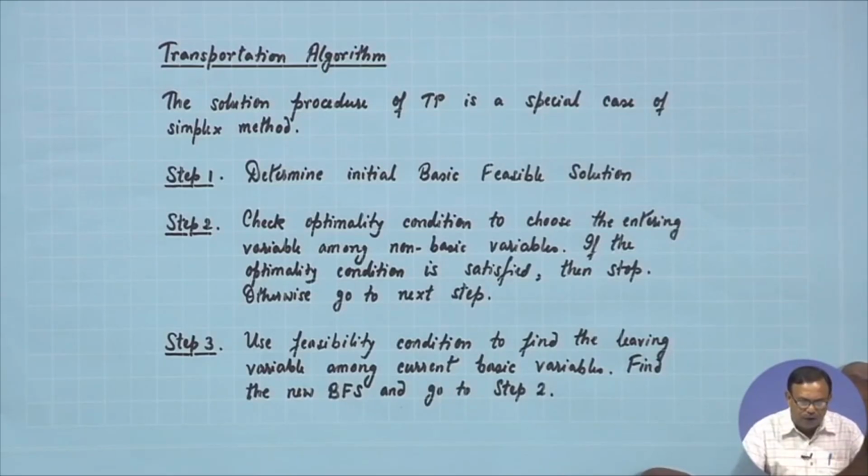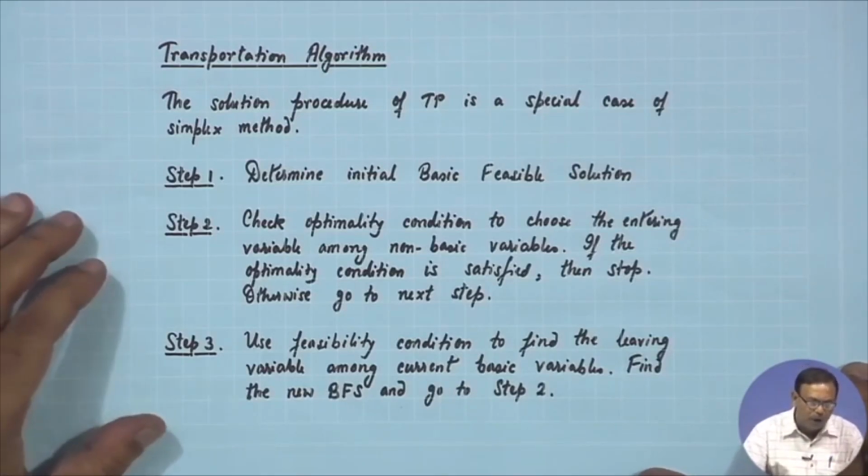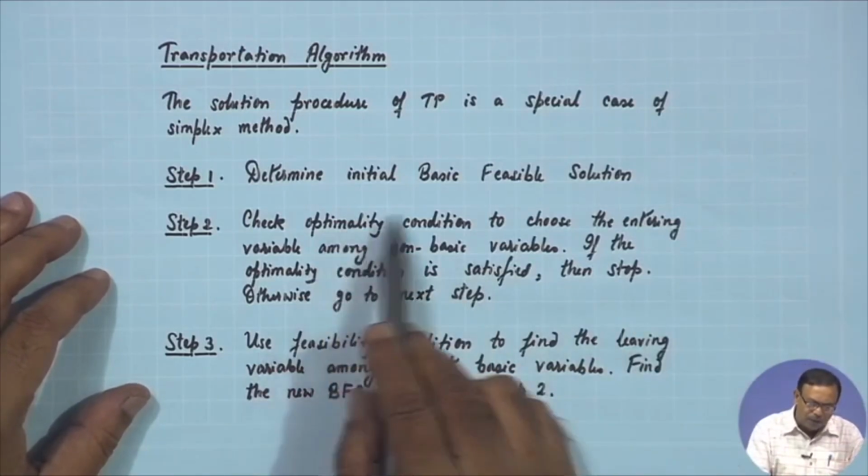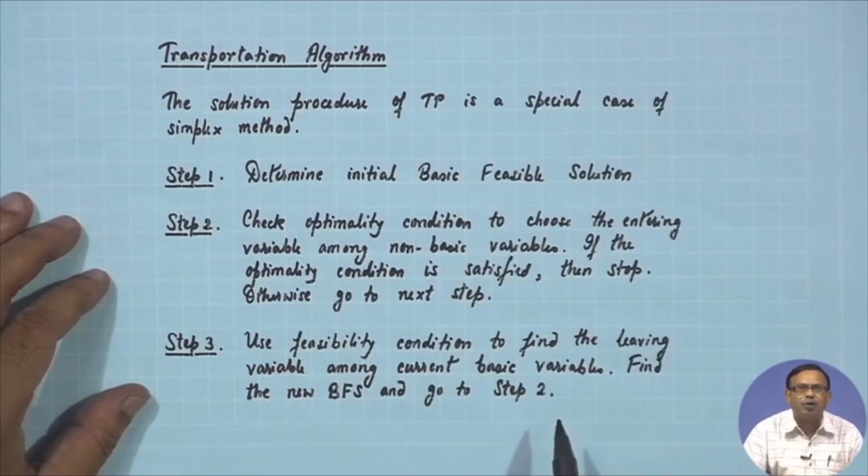Now, quickly let me talk about the transportation algorithm. The solution procedure of a transportation problem is a special case of the simplex method, as we have mentioned earlier. You have to determine the initial basic feasible solution, which we do not do the normal simplex way, but using VAM or other methods which we have discussed earlier.